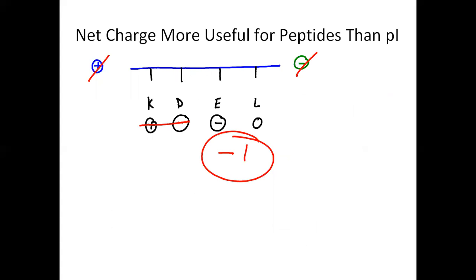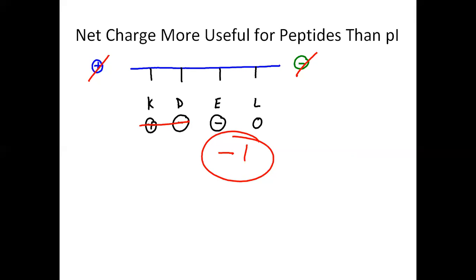In working with peptides, it is more useful to think about net charges than isoelectric points. A shortcut notation I use to quickly calculate the net charge is as follows. I draw a horizontal line to represent my peptide.